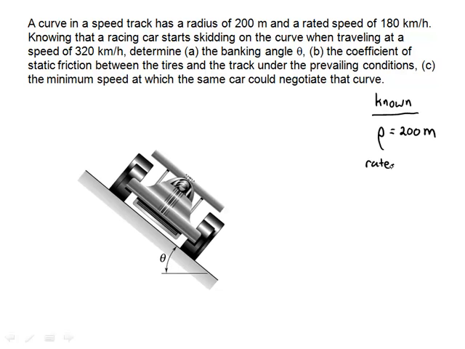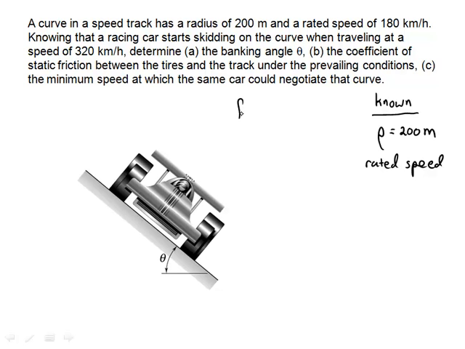So what is the rated speed? Now, that's a concept that's new, but what that's telling us is that when the car is on the track, moving at the rated speed, it doesn't matter whether the track is wet or dry. The bank, this angle theta here, is made so that the car will go around the track and the frictional force will be zero.